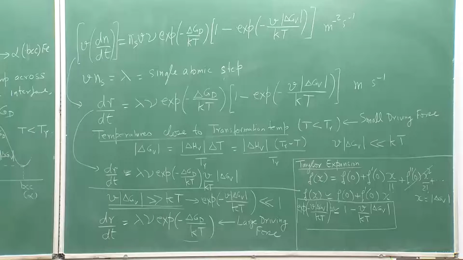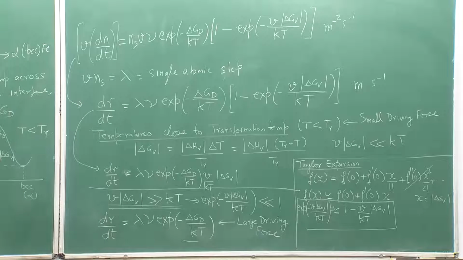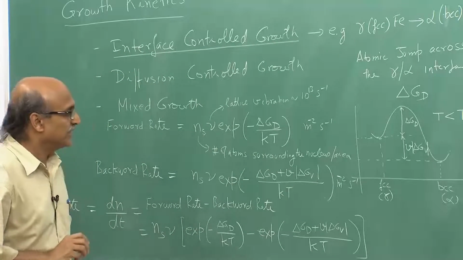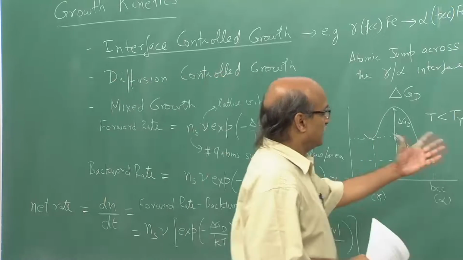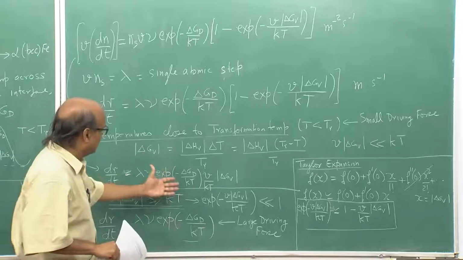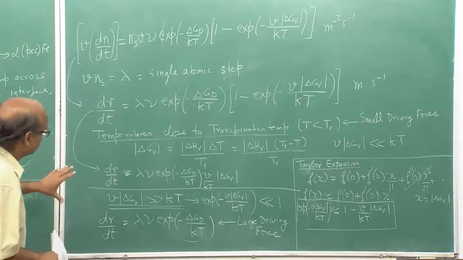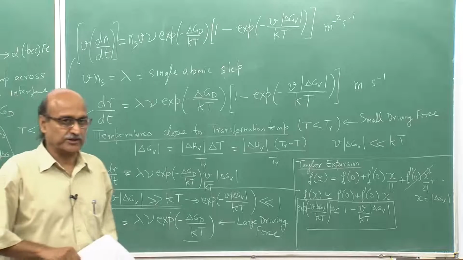Now, what can we conclude out of all this that we have done? That if we have interface controlled growth, then one thing is clear, that at a given temperature, the growth rate will be a constant.